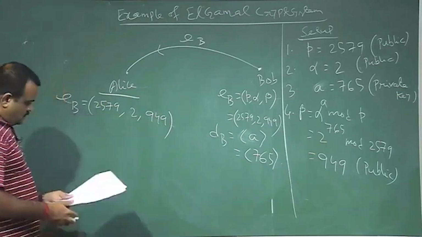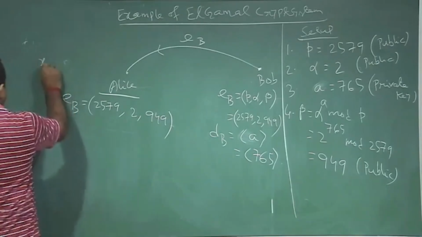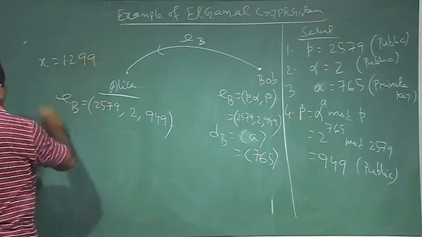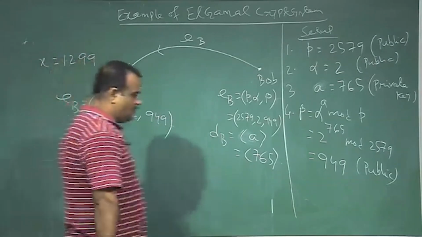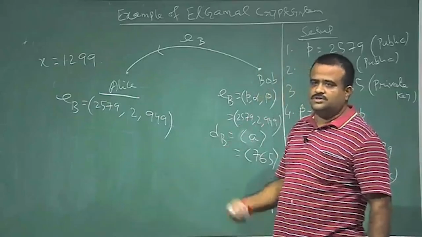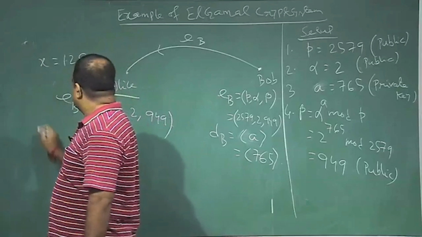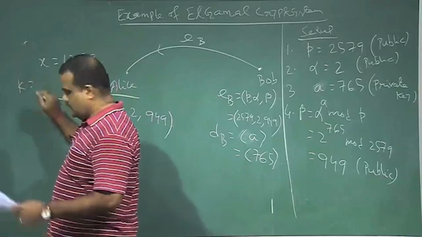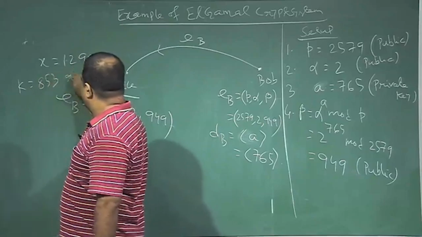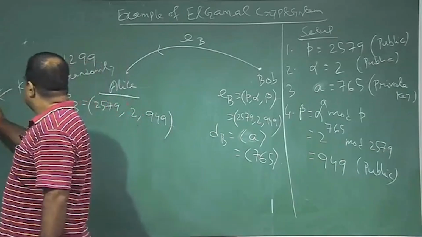Okay, so now suppose Alice wants to send a message to Bob and the message is, say, 1299. This is the message Alice wants to send to Bob. So now Alice has to choose a random number K. Suppose Alice chooses K, say 853, randomly.